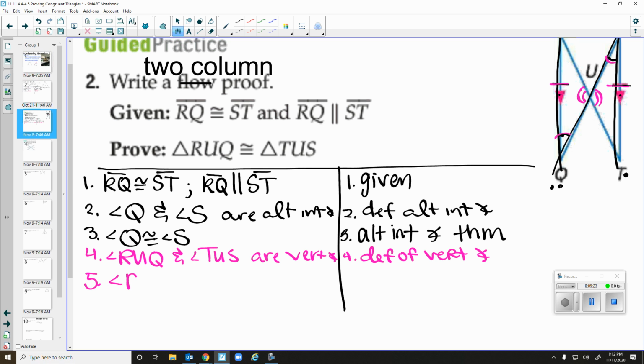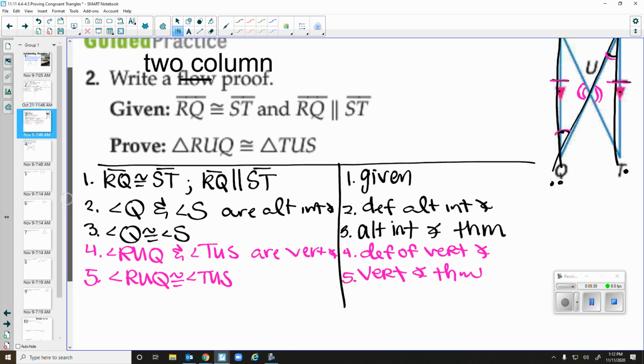So that means they are congruent by the vertical angle theorem. Now it's done, right?